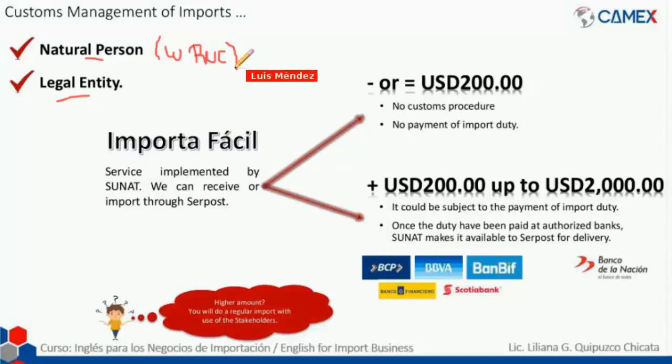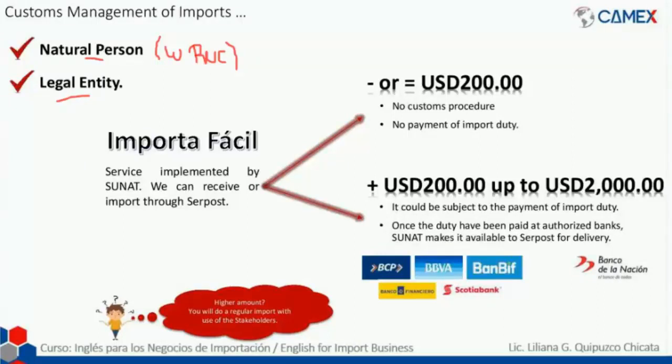We have with RUC or without RUC. You know what RUC means in Spanish, but in English it means identification, tax identification number. So if you don't have a RUC, you can use importe fácil.